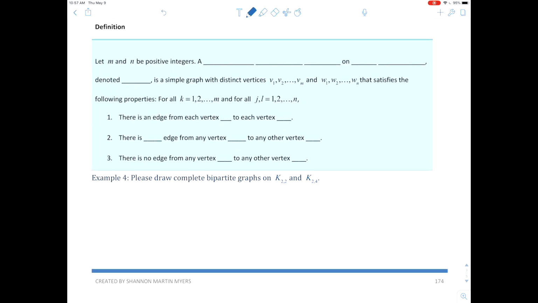So here we go, another definition. Let m and n be positive integers.